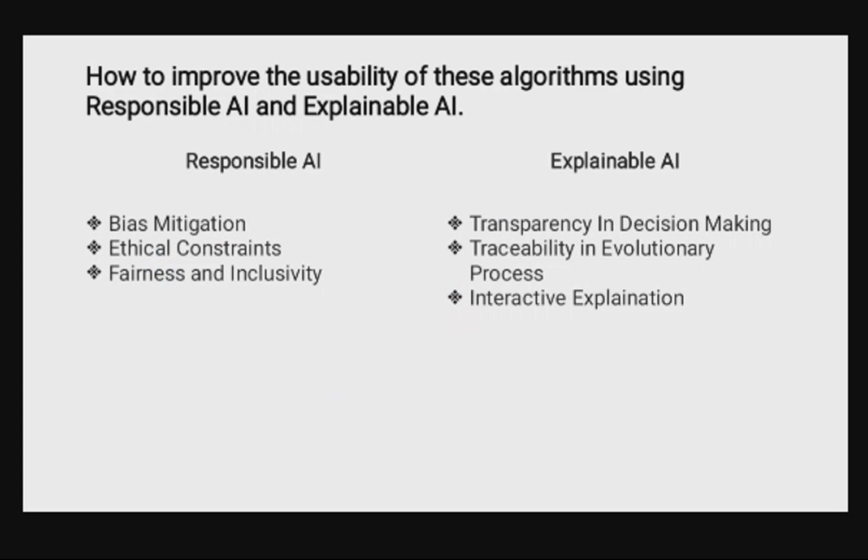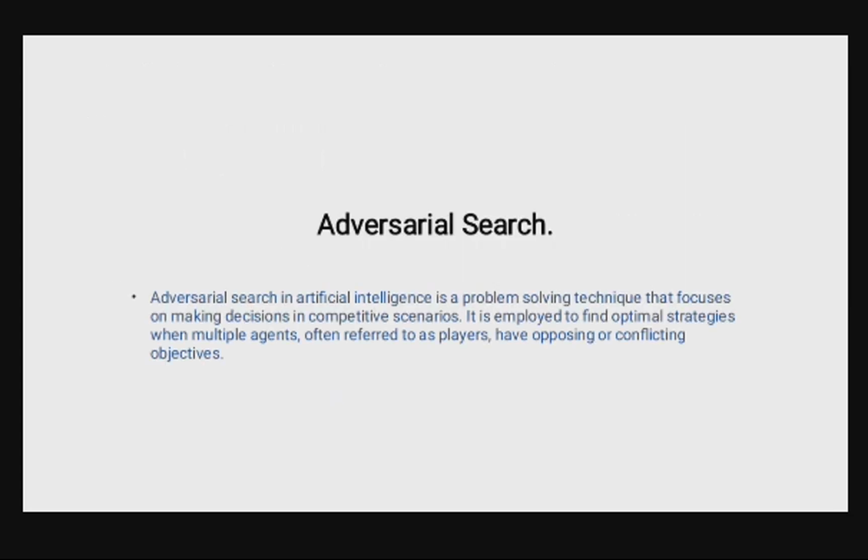Then for explainable AI, transparency in decision making is achieved. The traceability in the evolutionary process is also achieved, and also interactive explanation, like I had said earlier. Someone is able to interact with a model, with an agent, very easily.